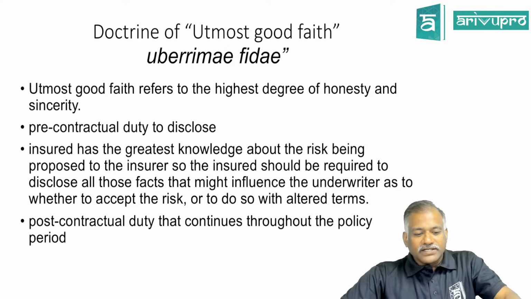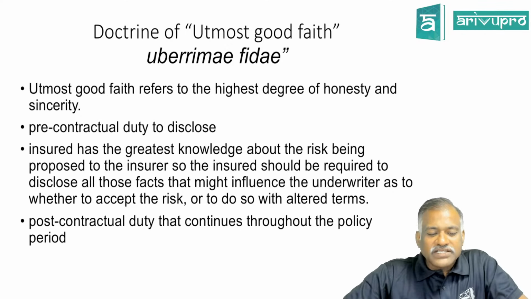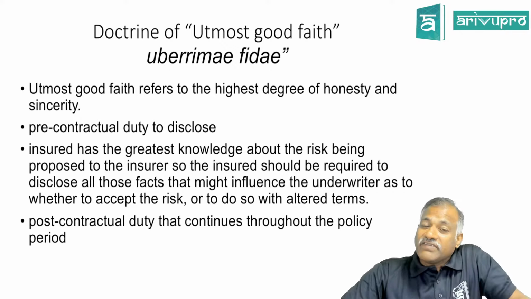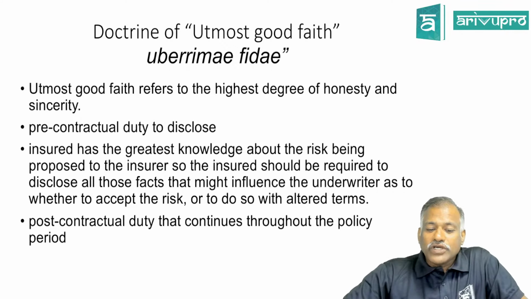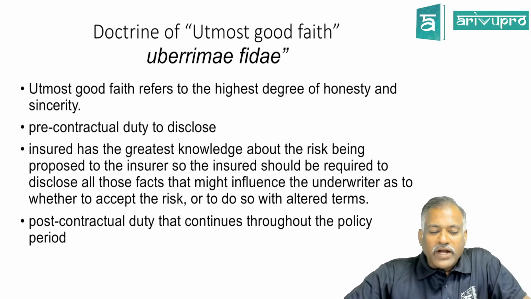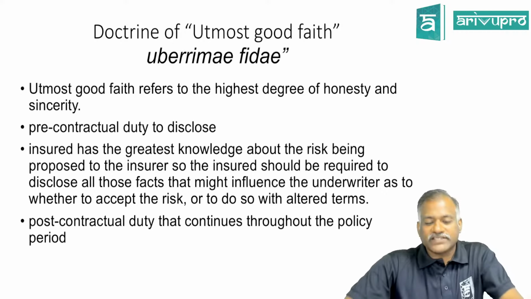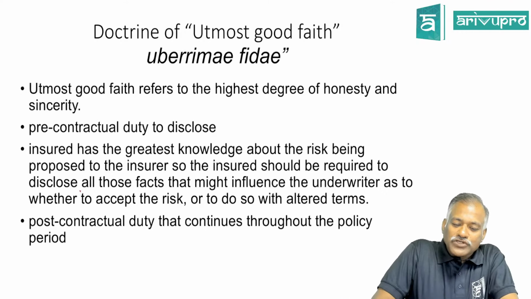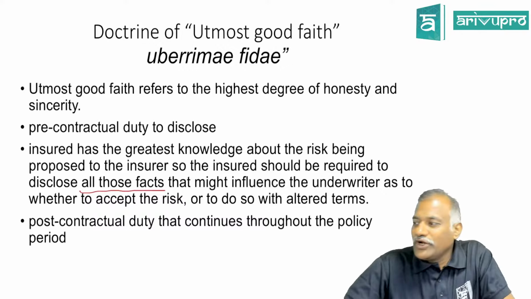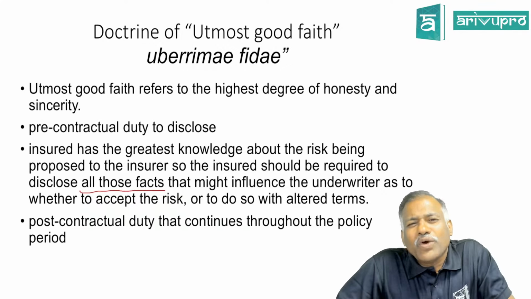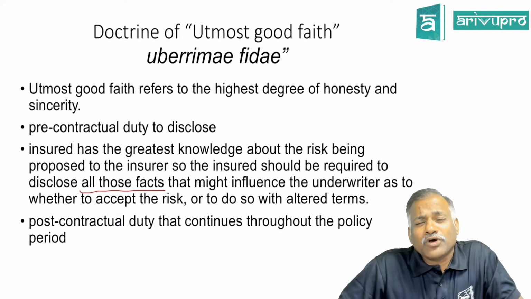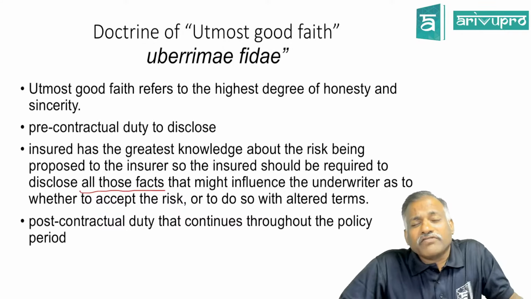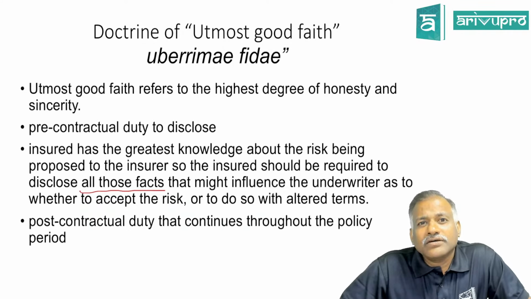Now here, as I said, the insured has the greatest knowledge about the risk being proposed, because he is giving the proposal, right? Risk to the insurer. So the insured should be required to disclose all those facts. This is the underlying point, okay? Now what should you disclose? You should disclose all those facts. I think we need to underline this. Do I need to disclose everything? When I am talking of life insurance, should I tell him what breakfast I had, what lunch I had? It's not relevant.